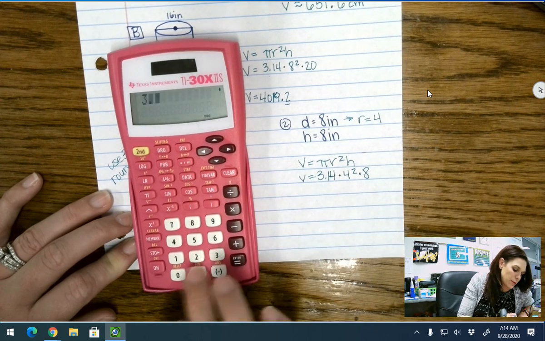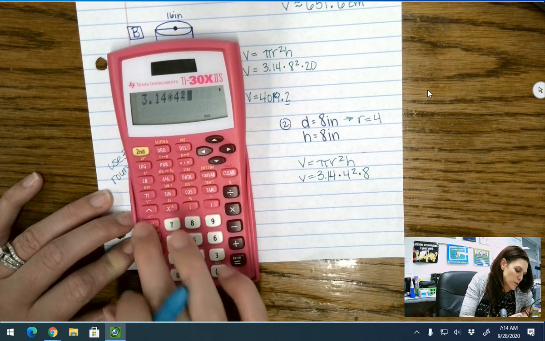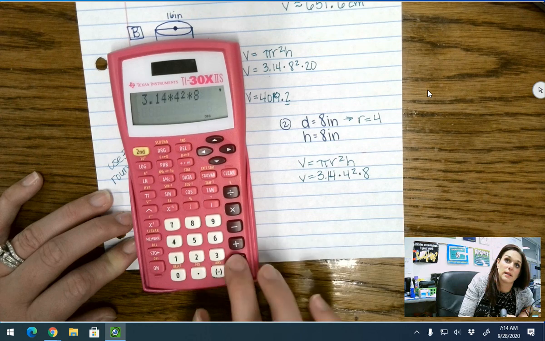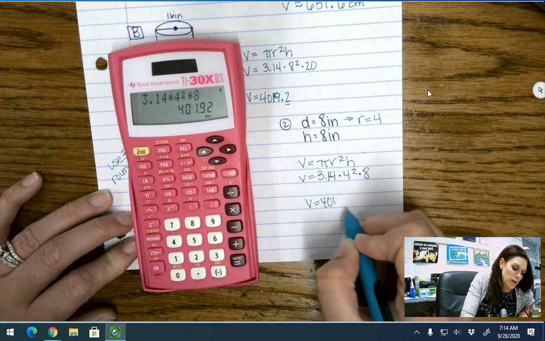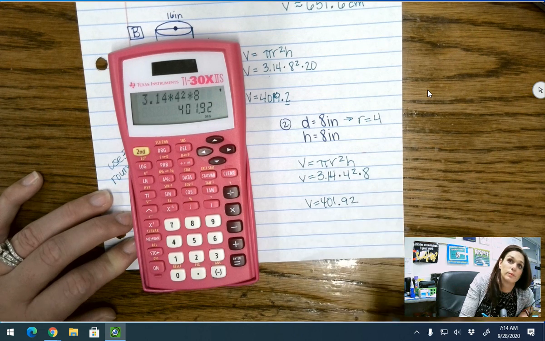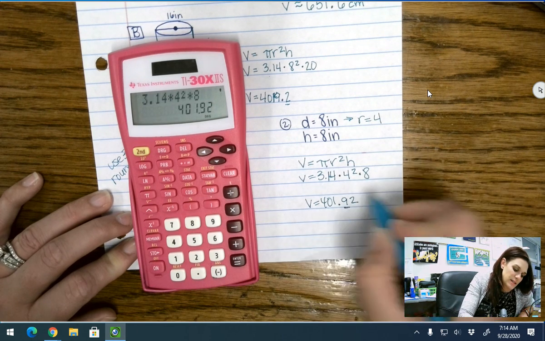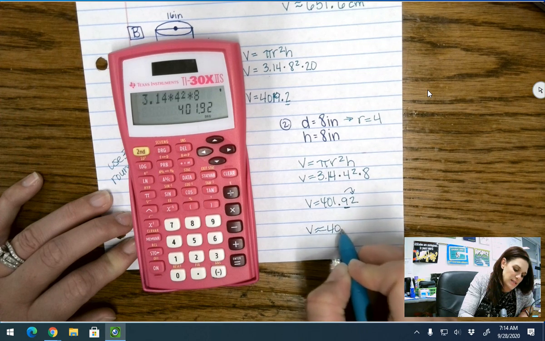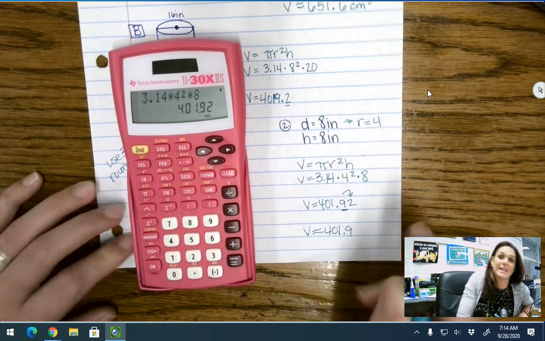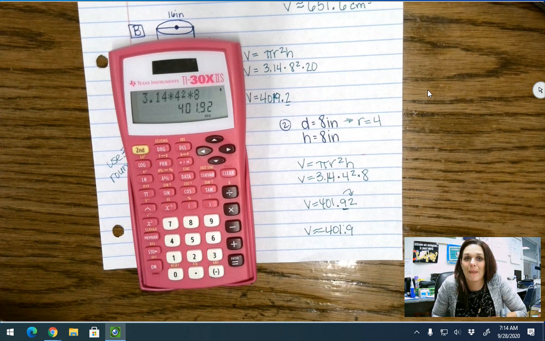So let's do the math. 3.14 times 4 squared times 8 equals, volume equals 401.92. Again, 9 is in the tenths place. The 2 tells him to stay exactly where he is. All right, so hopefully this gave you some insight of how to fill in this formula, and you keep working hard.